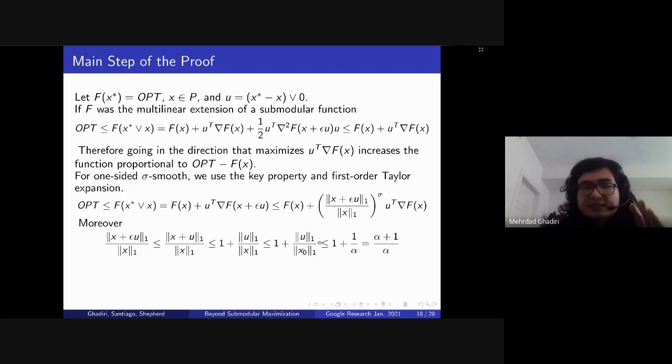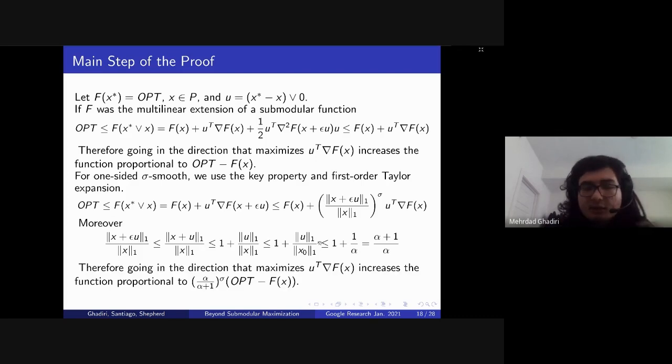So basically this says that for any point, this L1 norm fraction is less than or equal to alpha plus 1 over alpha, and alpha is the constant we use to find the first point in our path.